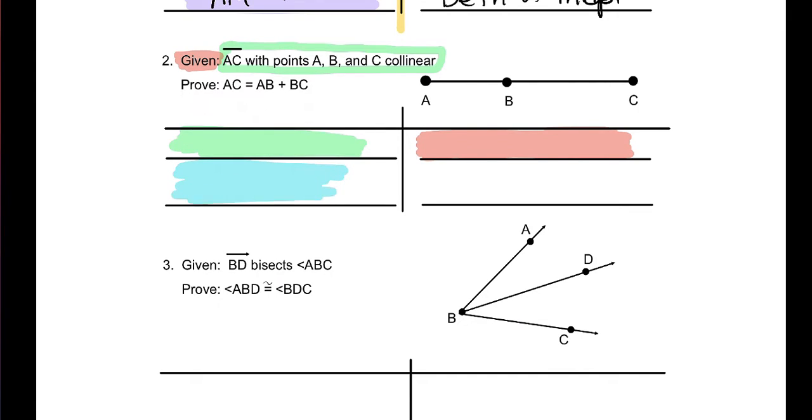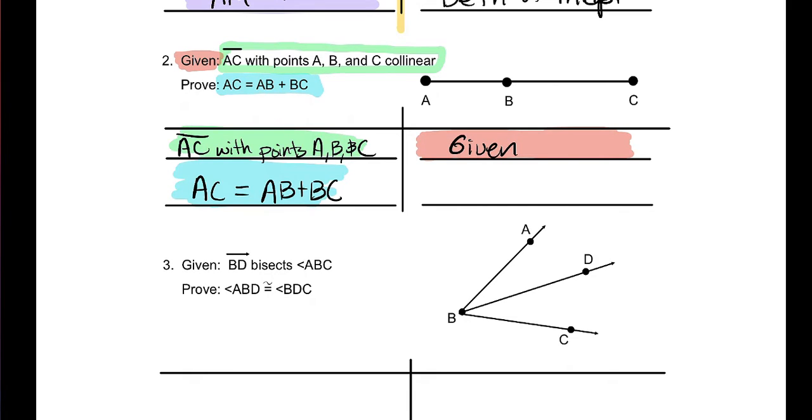What we're trying to prove always goes in our last statement, but prove and proven is never a reason. So you don't ever want to put that into that last blank. We're going to go ahead and fill in our given, and what we're trying to prove.